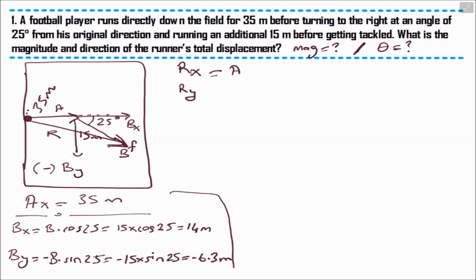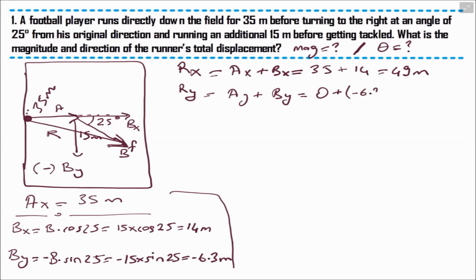Rx equals Ax plus Bx, Ax is 35 plus Bx is 14, so it will be 49 meters. And Ry is Ay plus By. Ay is 0 plus By is negative 6.3, so it will be negative 6.3.